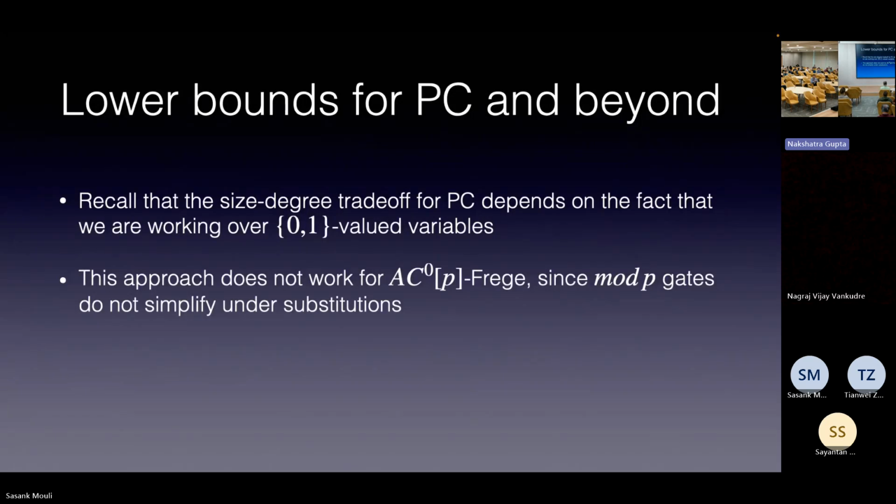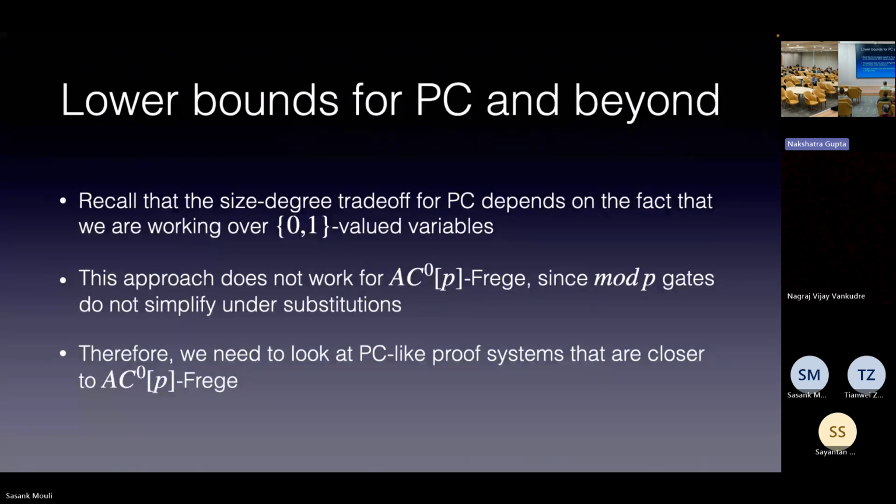It's not going to disappear, unlike an AND gate or an OR gate, right? An AND gate or OR gate can be set to true or false using such restrictions, but parity is untouched. And so the idea was to look at PC-like proof systems that are closer to AC0[p]-Frege, because that seems like a more approachable goal.